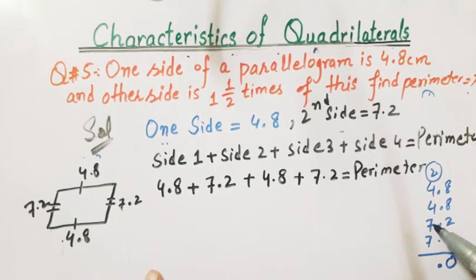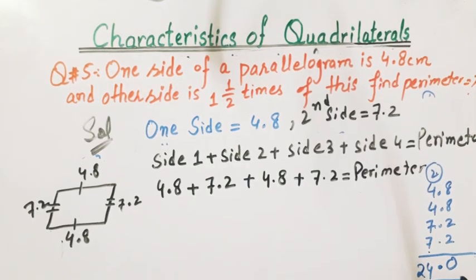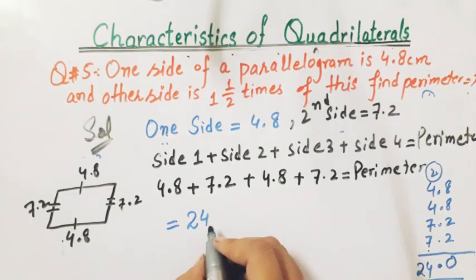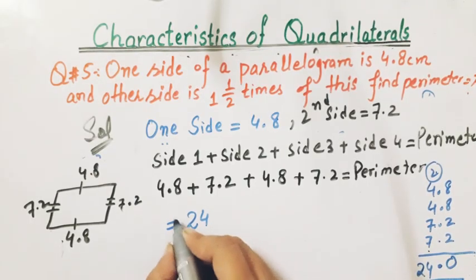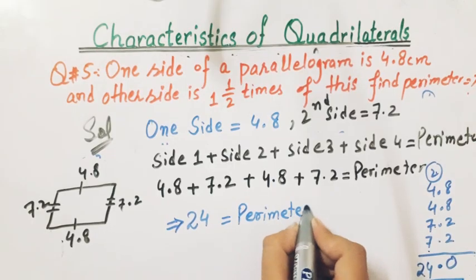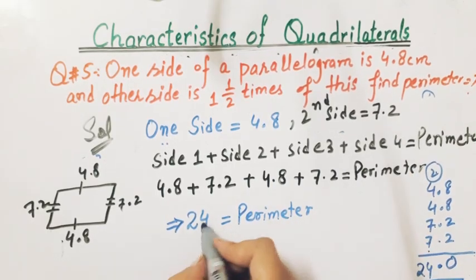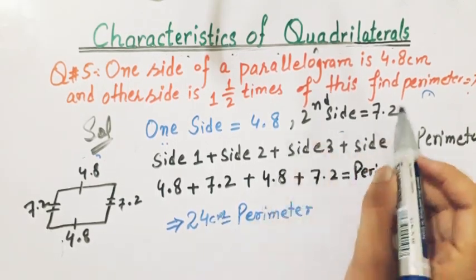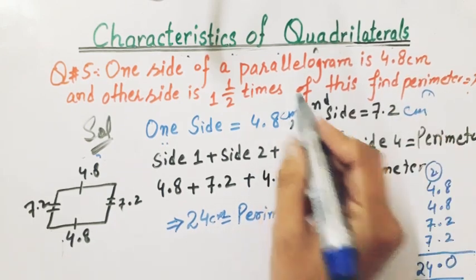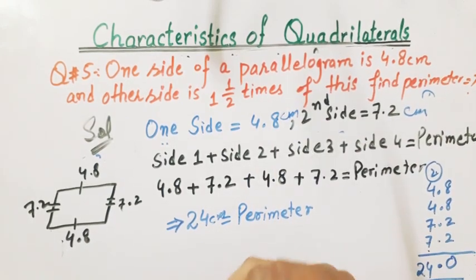So 10 plus 7 is 17. 17 plus 7 is 24. You got 24. So your answer is 24. This equals the perimeter. And the unit is centimeter because he said 4.8 centimeter. So you must write the unit. So this will be the answer.